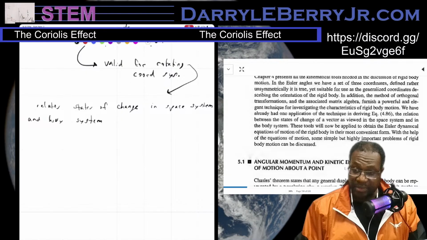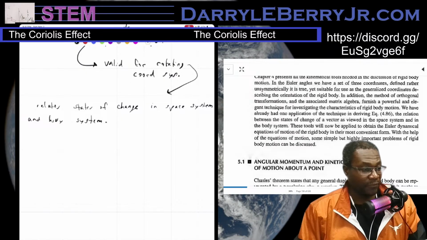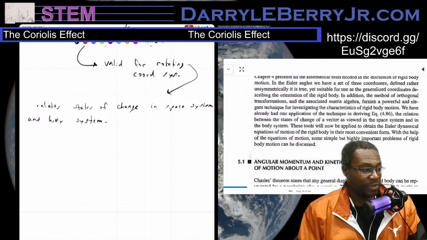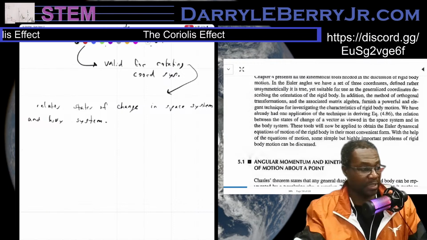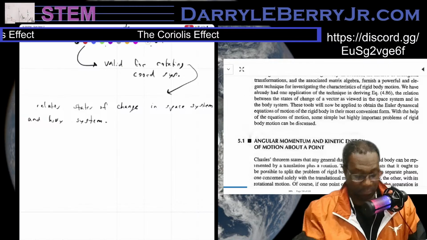The space system is the coordinate system that's in free space that's fixed, and the body system is the axis that rotates with the body. These tools will now be applied to obtain the earlier dynamical equations of motion of a rigid body in their most convenient form. With the help of the equations of motion, some simple but highly important problems of rigid body motion can be discussed.